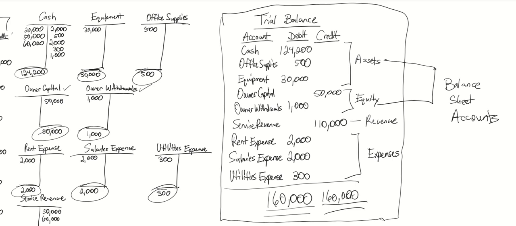And then your revenues and expenses are your income statement accounts. All right, so it keeps everything in order. If you need to know where your revenues and expenses are in the trial balance, just go straight to the bottom. If you want to know where your balance sheet accounts are, assets, liabilities, and equity, it's going to be from the top all the way to the middle.